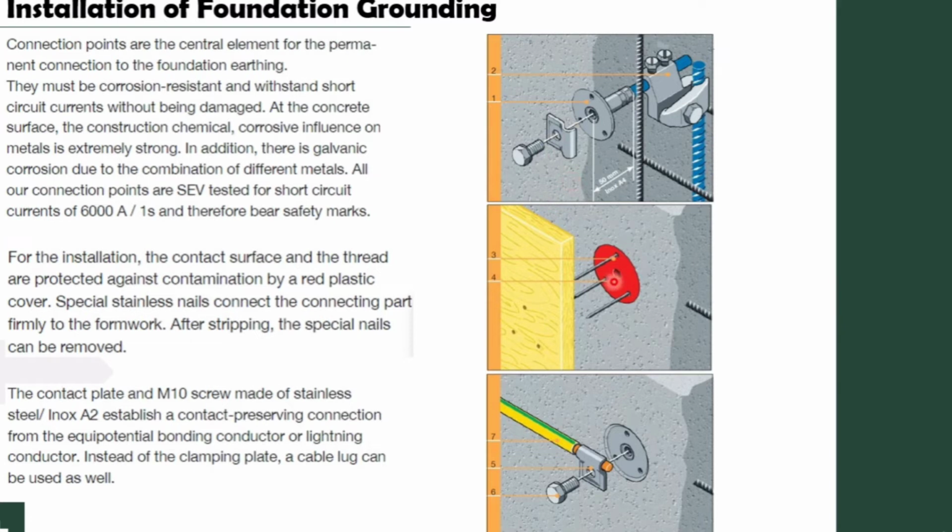And here is this picture after I finish pouring or casting the concrete work. Here appears my plate, and I make a cover for safety. After that, in the last picture, I can connect my earth conductor directly to this plate.